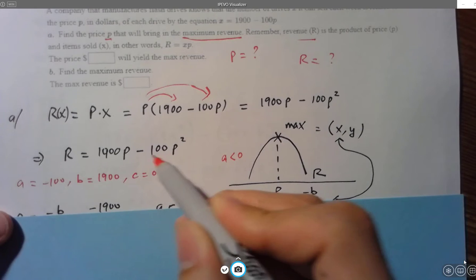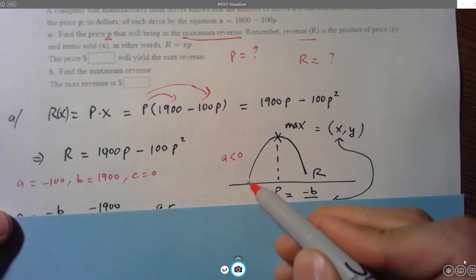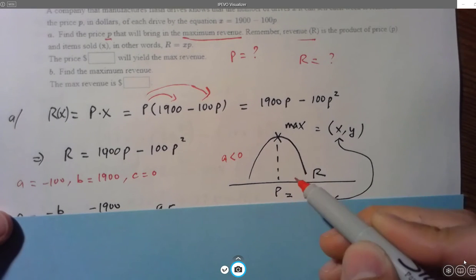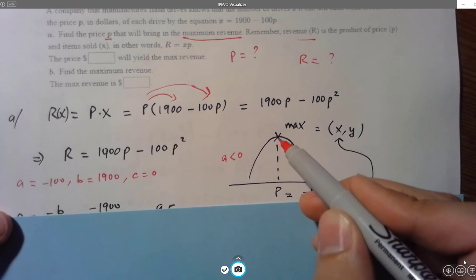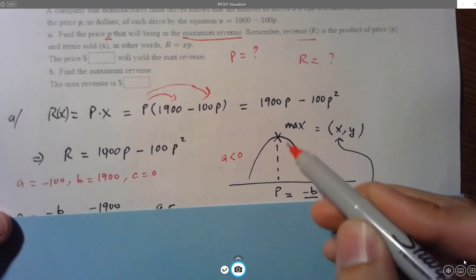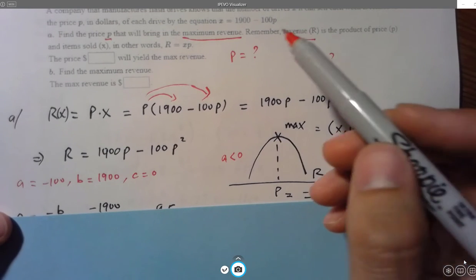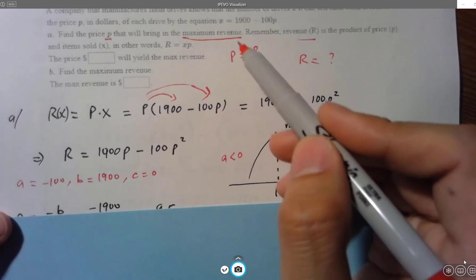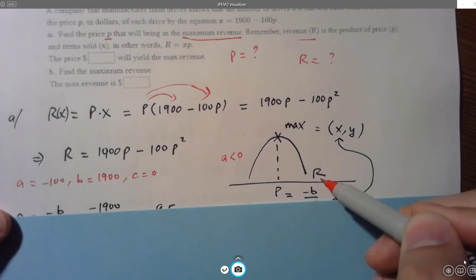Minus 100 is less than 0, so you know that the parabola opens down. Another thing is, when the parabola opens down, it has a max value. That's why the question is asking you to find the value of P that gives you the max revenue. This is the function R, and you want to find the max value.